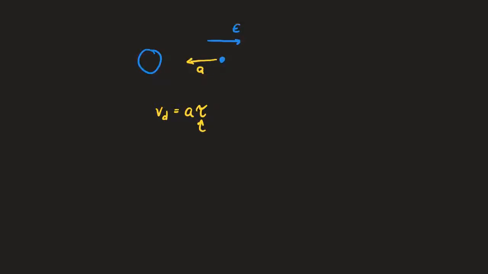It might not be very long, but it'll accelerate right up until it gets there. And during that time, its velocity will change, but over the span of this short amount of time, which we'll call the tau, the time between collisions, the particle is going to experience an average velocity, and we'll call that the drift velocity. Now, this is not really what's happening.